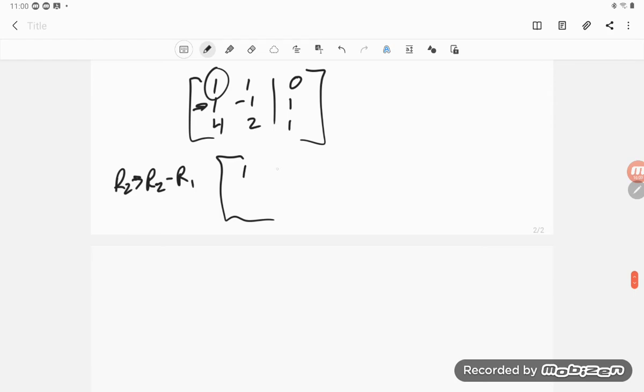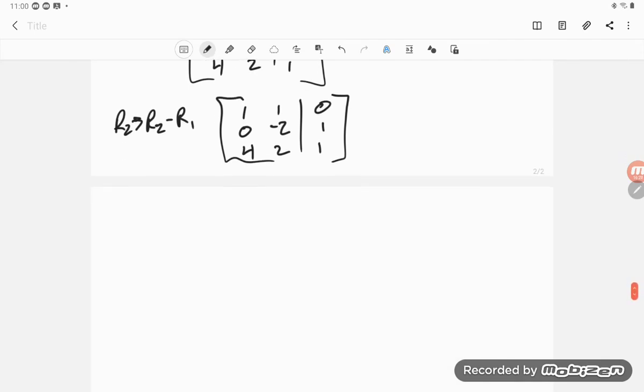So row 1 didn't change, so we've got that. Now row 2, and I subtract row 1, so I get 0, minus 2, and 1. And then I didn't do anything with the bottom row, so that stays the same. And I have that new matrix.